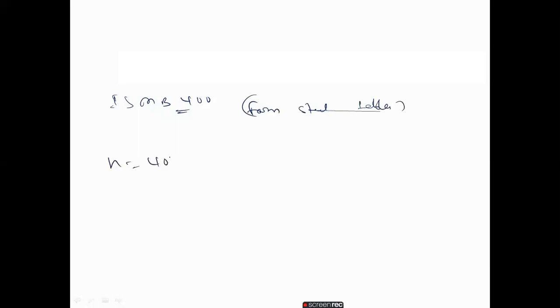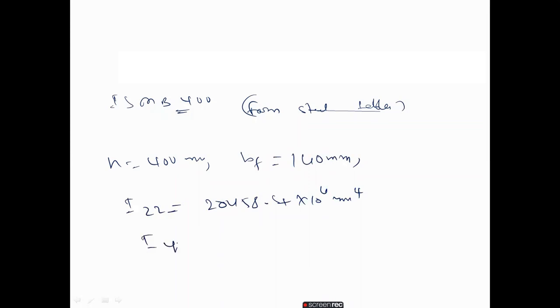H equal to 400 mm, BF equal to 140 mm, IZZ equal to 20458.4 10 power 4 mm power 4, IYY equal to 622.1 10 power 4 mm power 4, area is 7846 mm square.